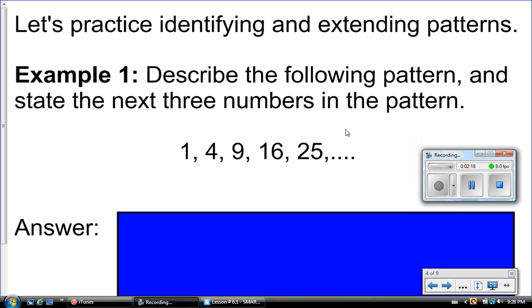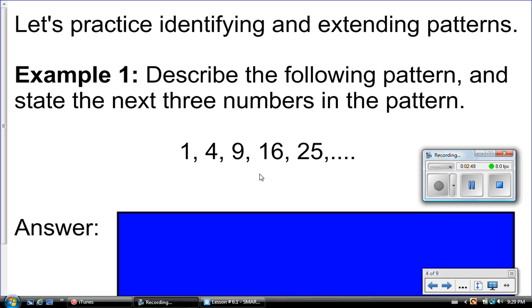Okay, so here's example 1. Describe the following pattern and state the next 3 numbers in the pattern. So we've got 1, 4, 9, 16, 25. I've actually heard a couple of different ways of describing and extending this pattern, but what I want you to do is put the video on pause, on a scrap piece of paper or blank piece of paper.